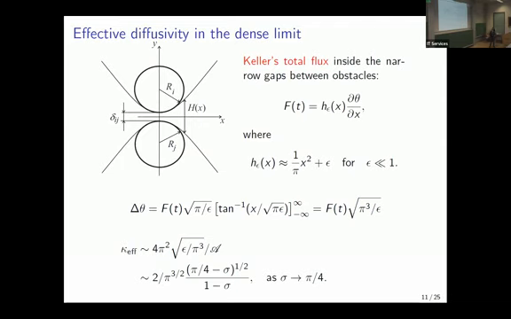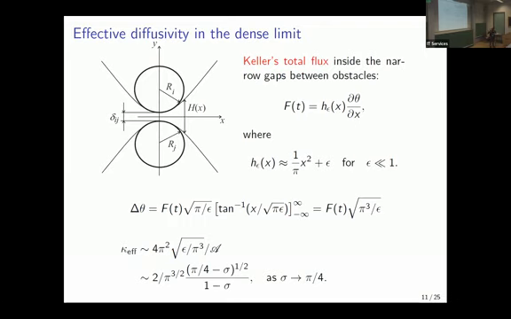So what does the Keller result use? Well, it supposes that away from the narrow gap, so this is the dense limit, right? So when we are reaching towards the maximum solid area fraction, what does he say?